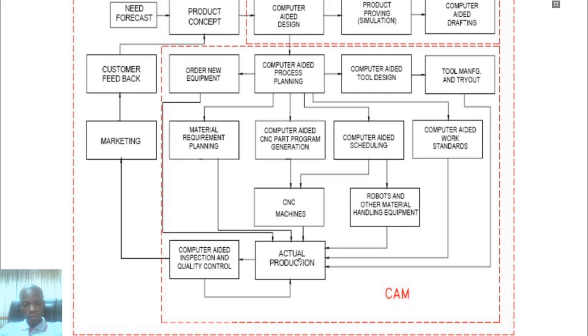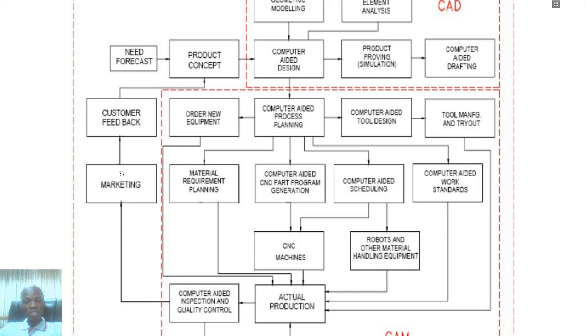Then from there, we have to do quality control. There has to be inspection, which is also aided by the computer. Then the product goes to the market. When it comes to the market, customers will use it and they have to give feedback to the product designer.